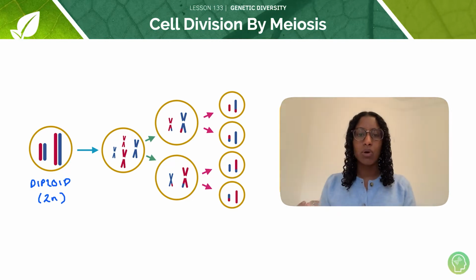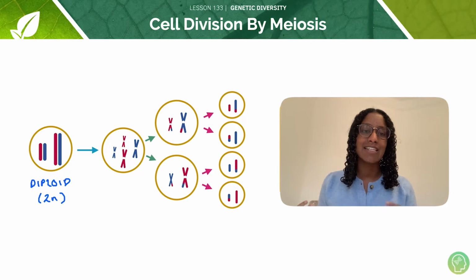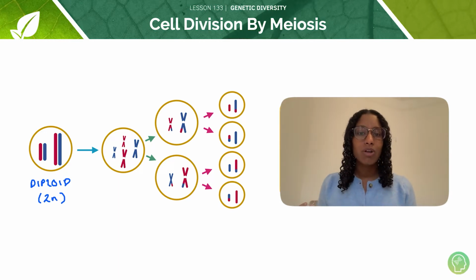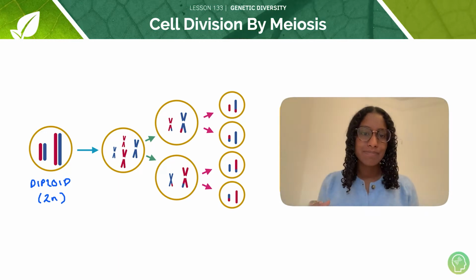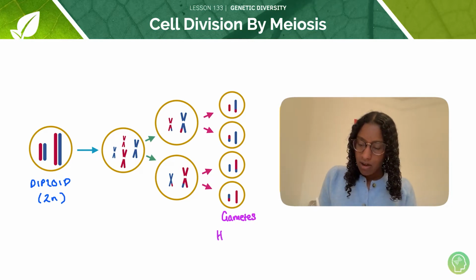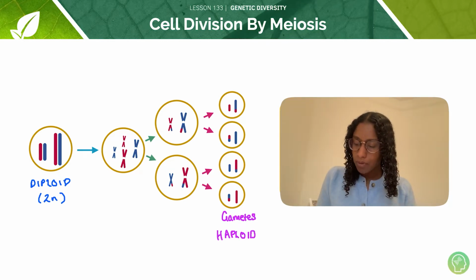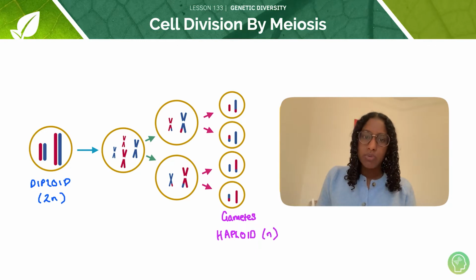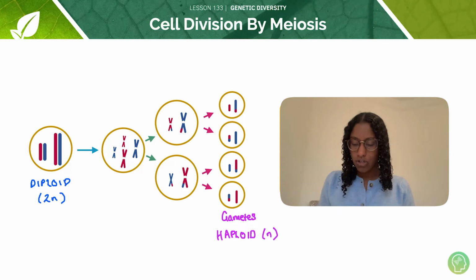When I say diploid, all I mean is that each cell contains 2 of each chromosome, one from mum and one from dad. Now, gametes, which are formed in the process of meiosis, so these 4 cells in this column here, are haploid. This means that they have a haploid number of chromosomes, which is half the number of the diploid. So 2n divided by 2 is n.